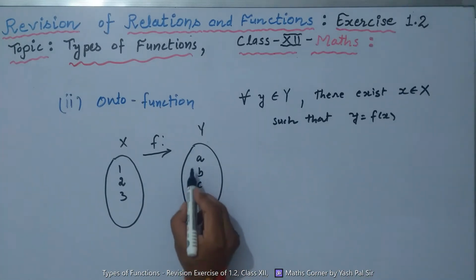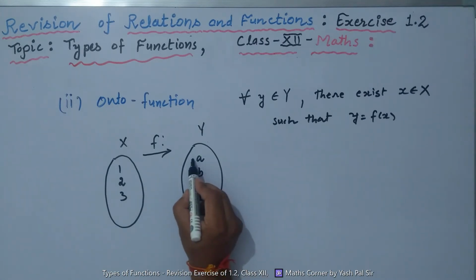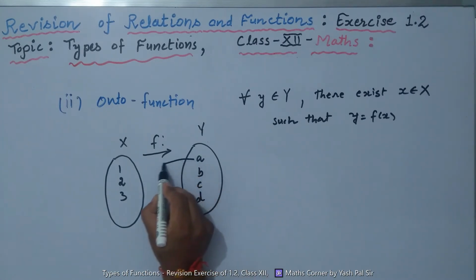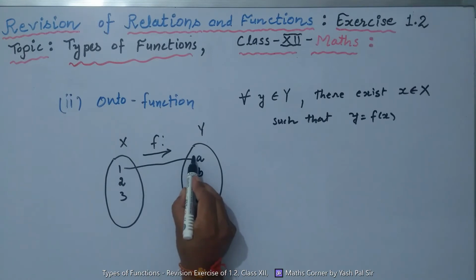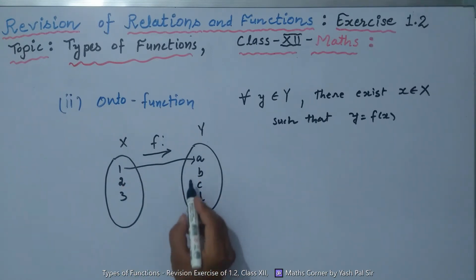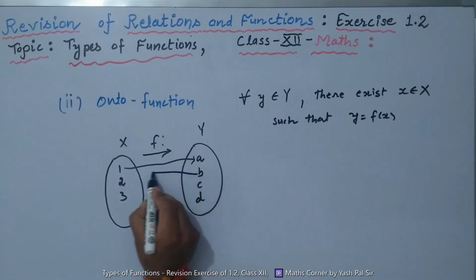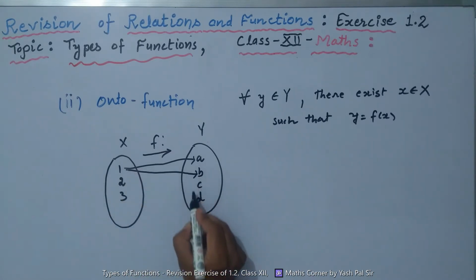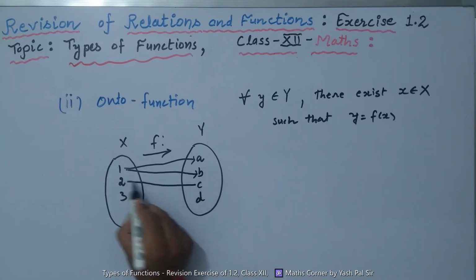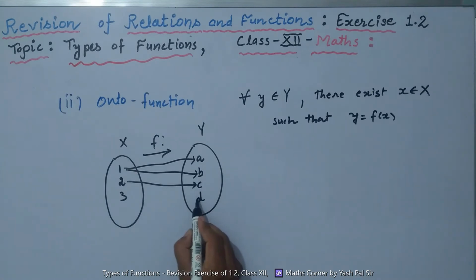Suppose we take the element a. Suppose a is the image of 1, b is also the image of 1, c is the image of 2, and for d there exists 3. So for every y there must exist x.